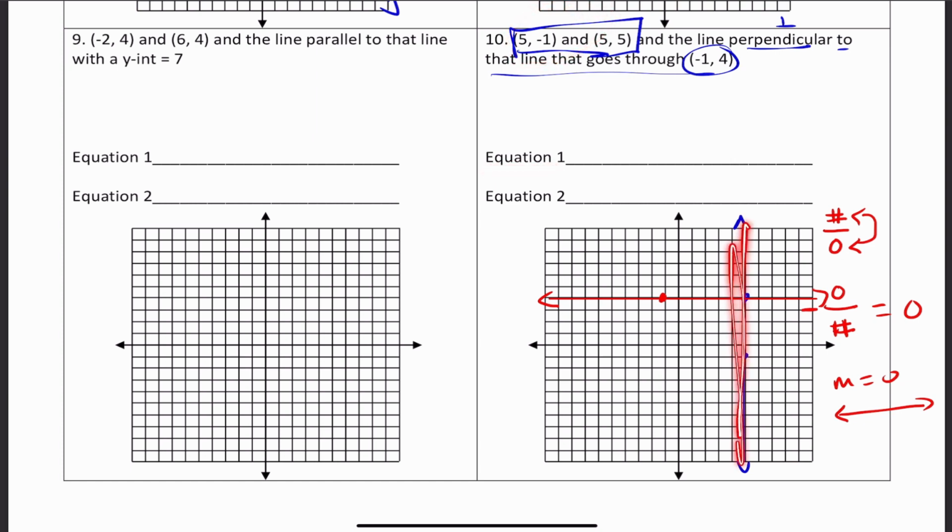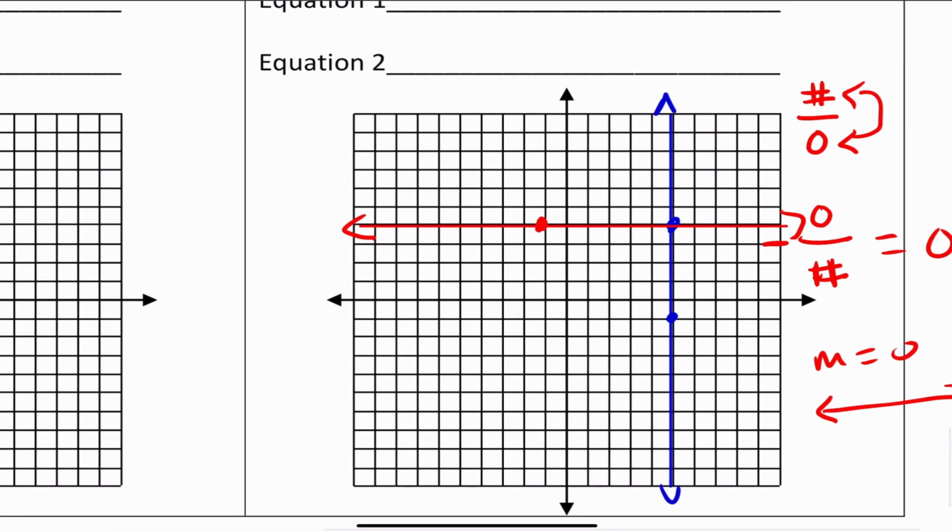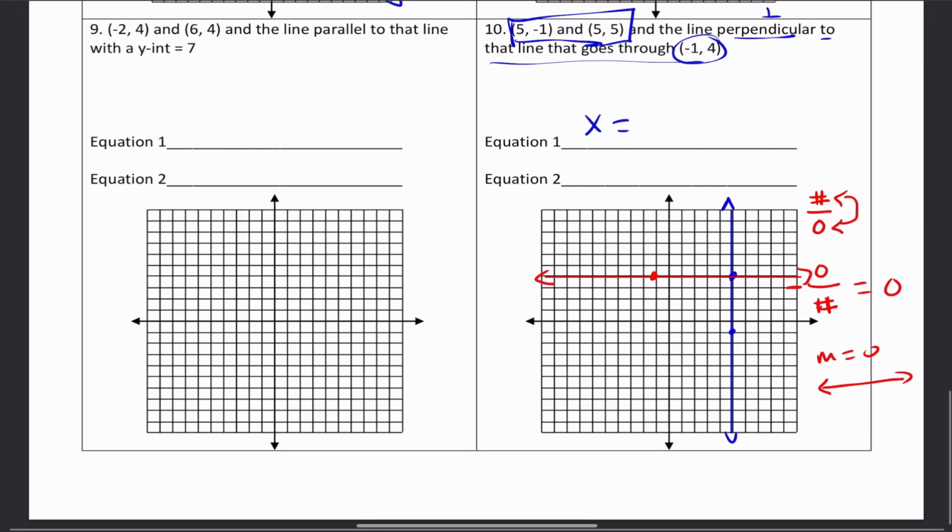If you have a vertical line, it's always in the form x equals a number. Where is the x-intercept? It goes through 5, 0, so x is equal to 5.